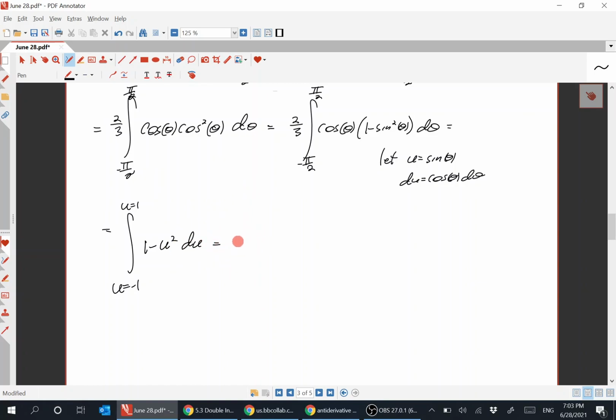Well, so the antiderivative here is u minus 1/3 u to the third from u equals minus 1 to u equals 1. So you have 1 minus a third minus, and then at negative 1, it's like that. Oh, I lost my 2/3 here.